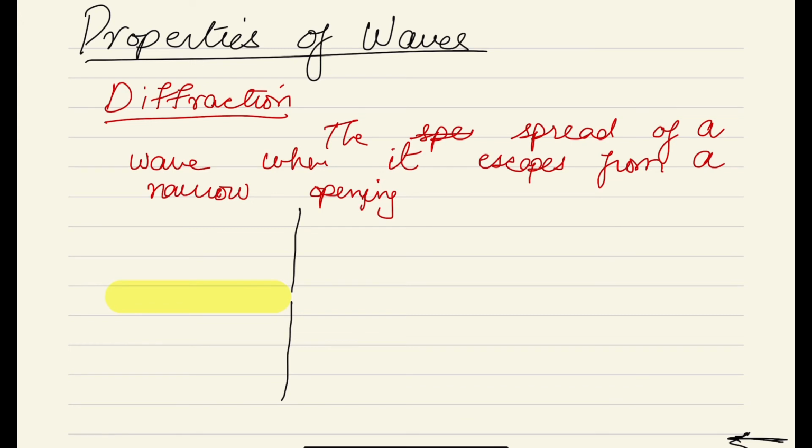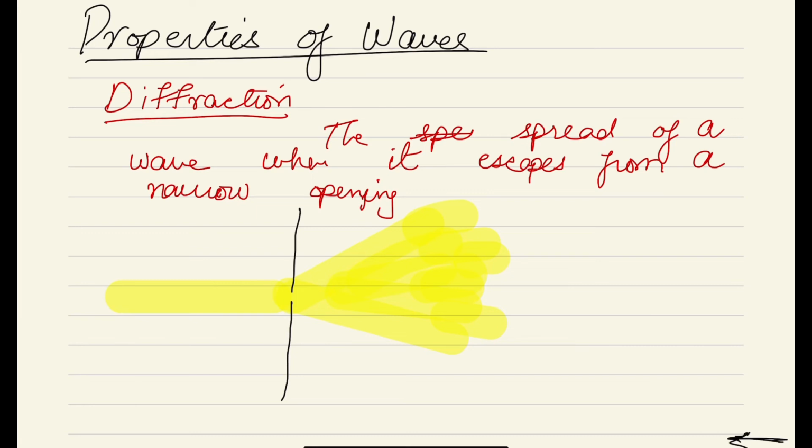So after passing through this narrow opening, this light ray will spread. It will spread like this. So the spread of the wave is called the diffraction.